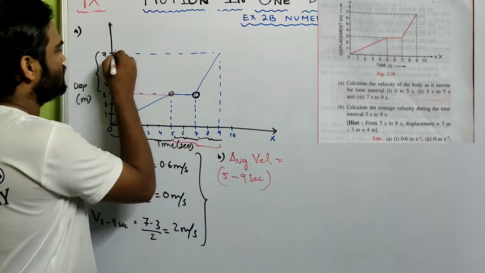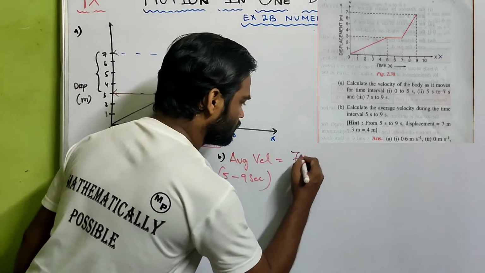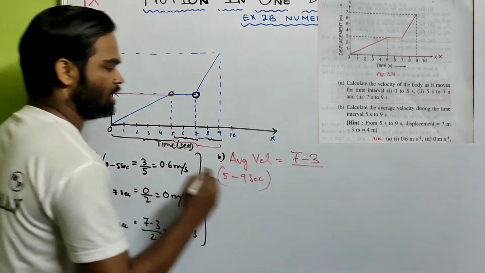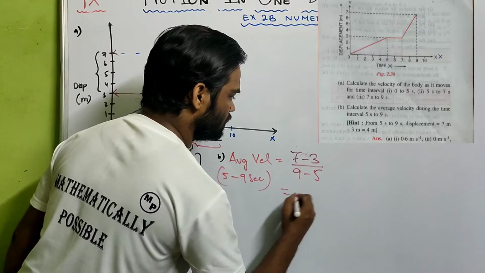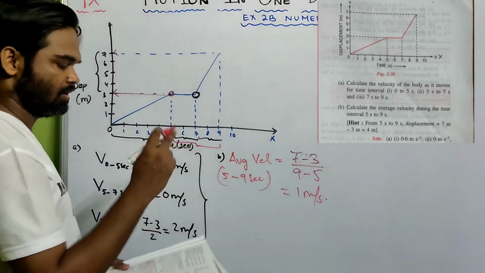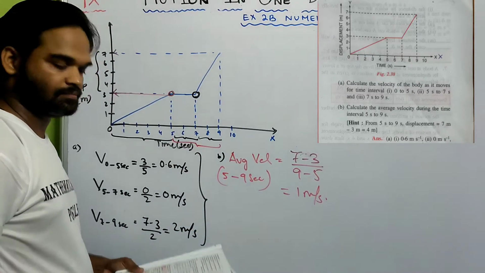At 9 seconds it was at 7 meter. So the total displacement is 7 minus 3. And time is what? 9 minus 5. That's 4 by 4. That's 1 meter per second. That's your average velocity. Done.